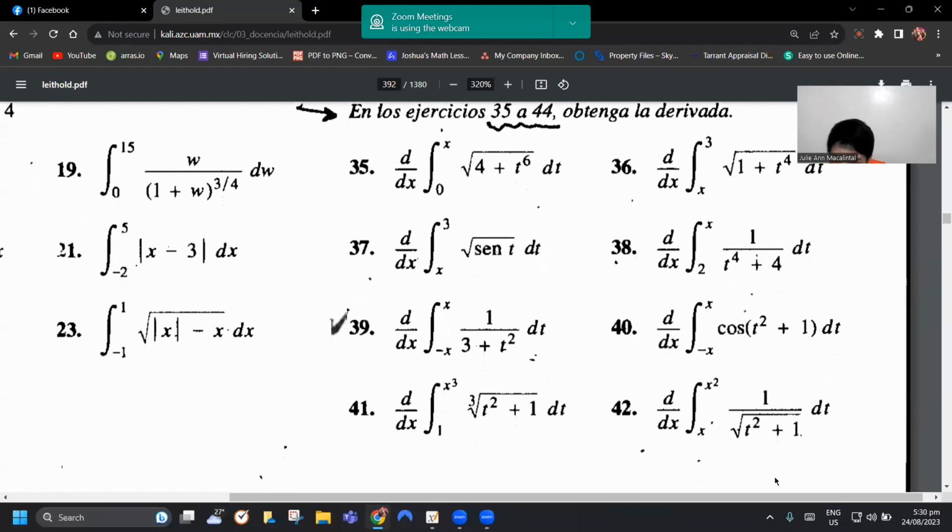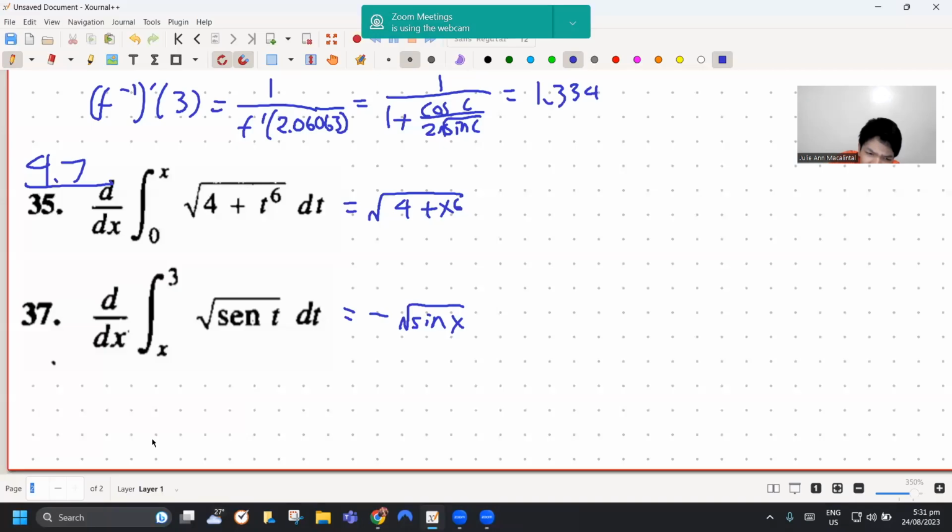Oh no! What is this? This is blasphemy. Negative x to x. Okay. To deal with that, split mo yung integral from negative x to 0 plus 0 to x. Parang may ginto na siya, kasi pareho.